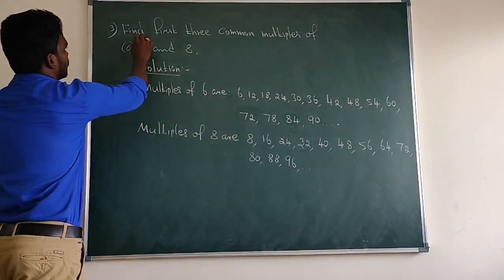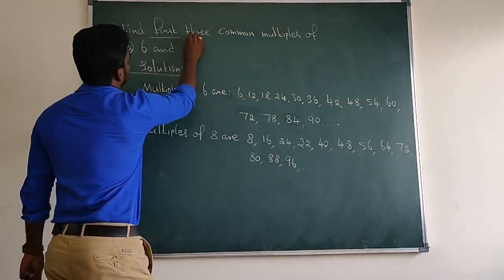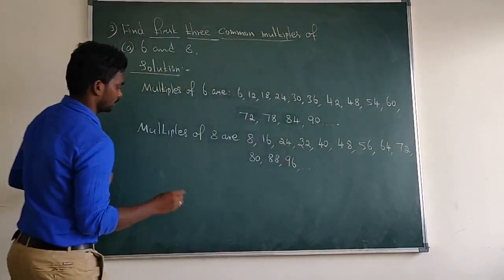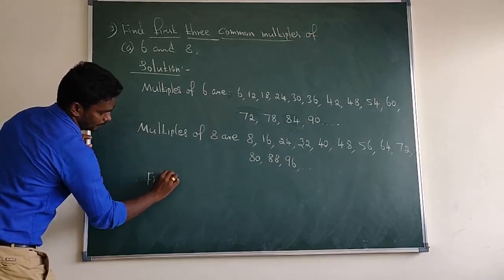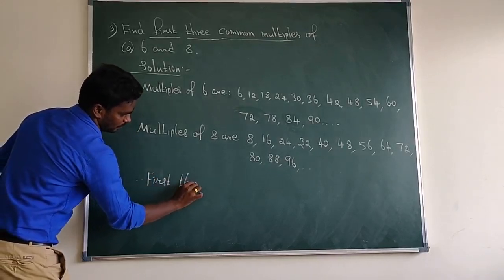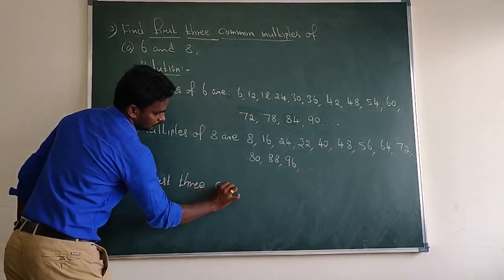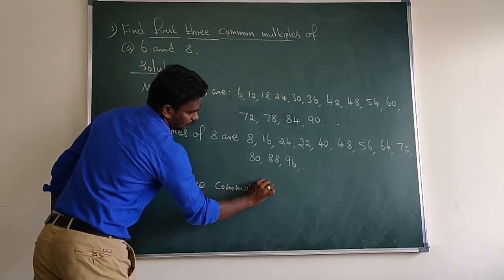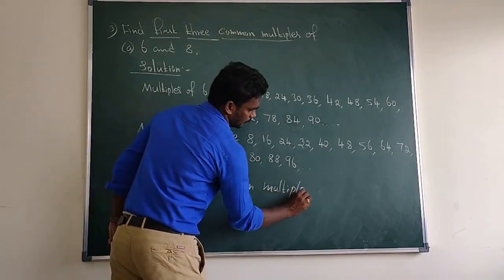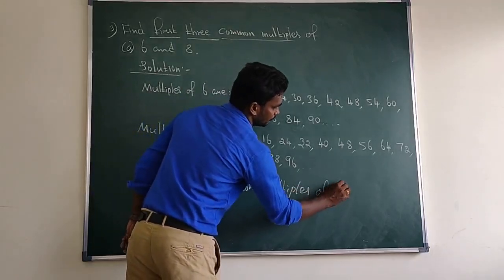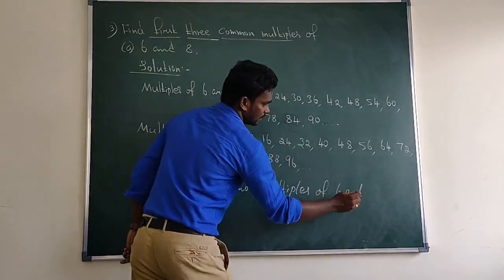So we want to find the first 3 common multiples of 6 and 8.